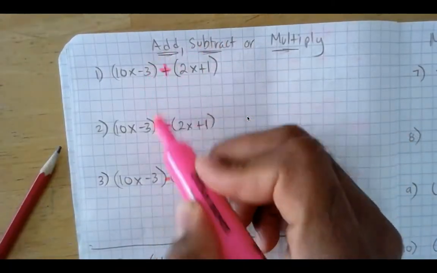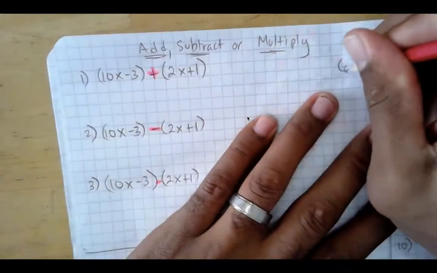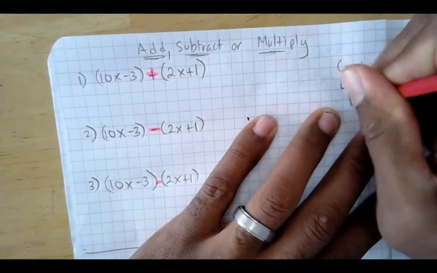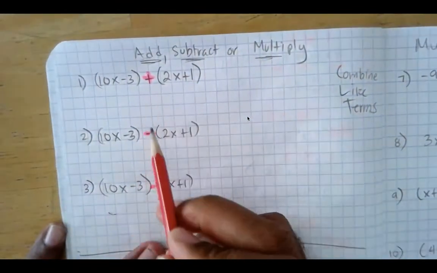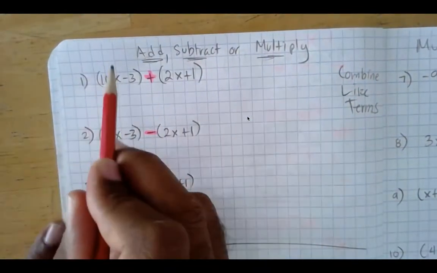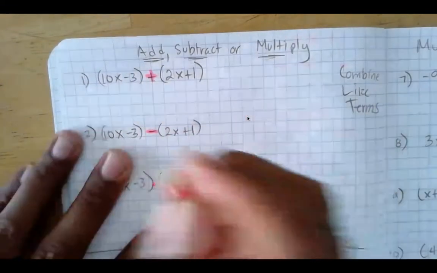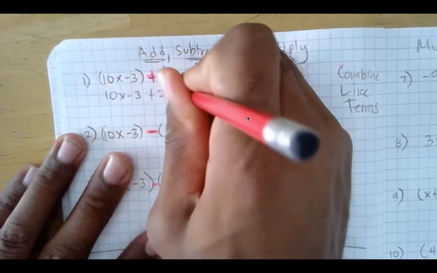Okay. Now, when we add and subtract, the whole idea is that we are going to combine like terms. So anytime you see add or subtract, we're going to add or subtract. For adding, if you see plus in the middle, we don't really need these parentheses, so I'm just going to get rid of them and rewrite this without the parentheses.